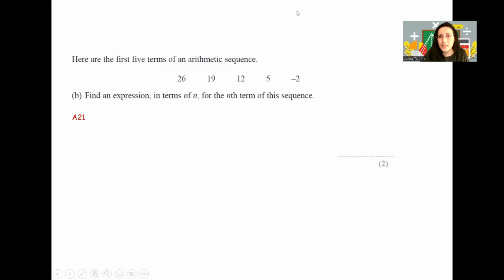Here are the first 5 terms of an arithmetic sequence, 26, 19. Oh, this goes down. When a sequence decreases, we are going to calculate with minus n. So the coefficient of n will be a negative value, because that's going down. It's minus 7, minus 7, minus 7, minus 7, you see?